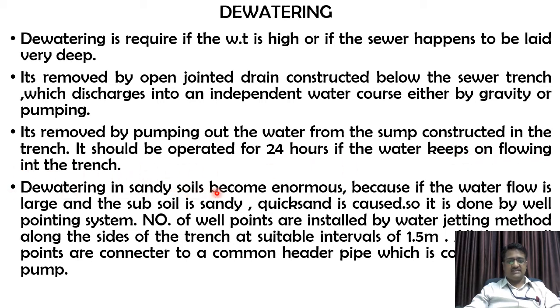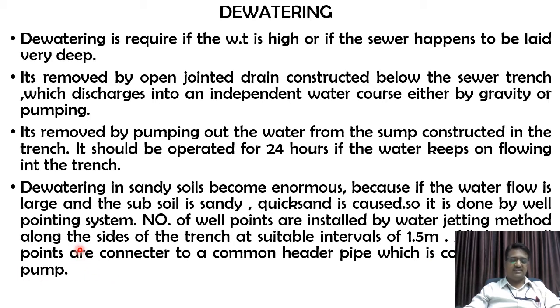Dewatering in sandy soils becomes enormous because the water flow is large and the subsoil is sandy. Quicksand is also caused. So it is done by well pointing systems. A number of well points are installed by the water jetting method along the sides of the trench at a suitable distance of 1.5 meters. All these well points are connected to a common header pipe which is connected to the pump.